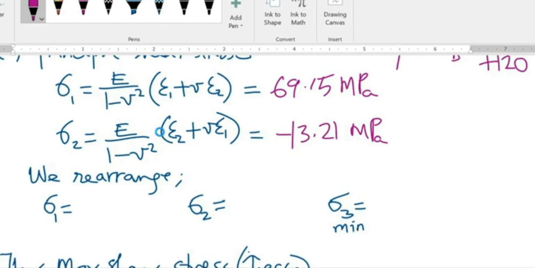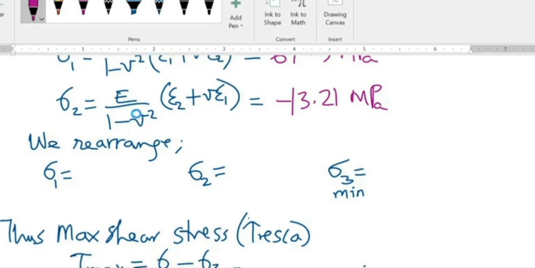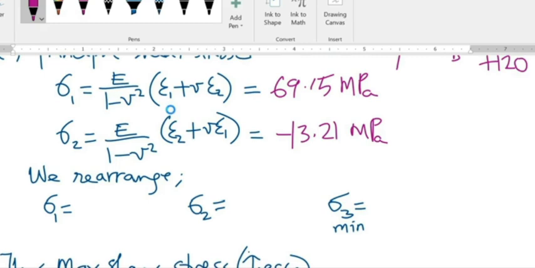These are the corresponding normal stresses from the normal strains. Remember, at the maximum normal stresses, the shear stresses are 0. So we can arrange them here: 69.15 megapascal. Remember, since we have negative, then our intermediate is going to be 0. So we have negative here.